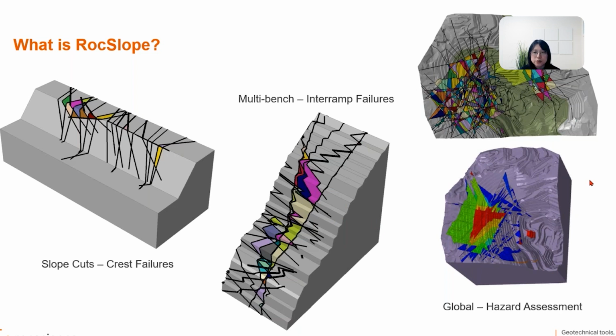And if the model is, for instance, this open pit, at a much larger scale, then RocSlope can be used for a global hazard assessment, first determining where blocks can form on the slope, as shown on the upper right, and then providing a heat map of the probability of failure, as shown on the lower right here.